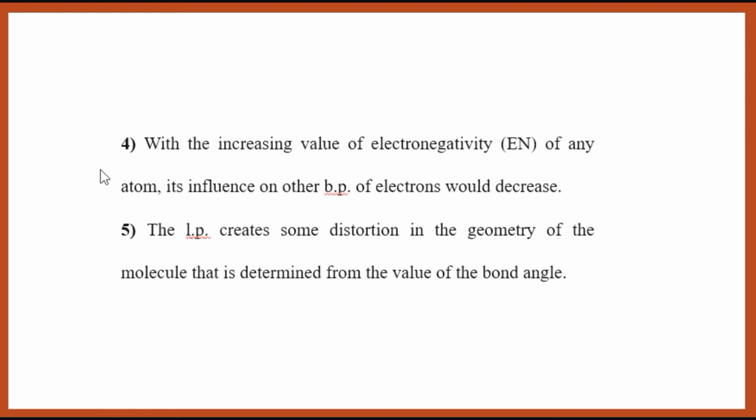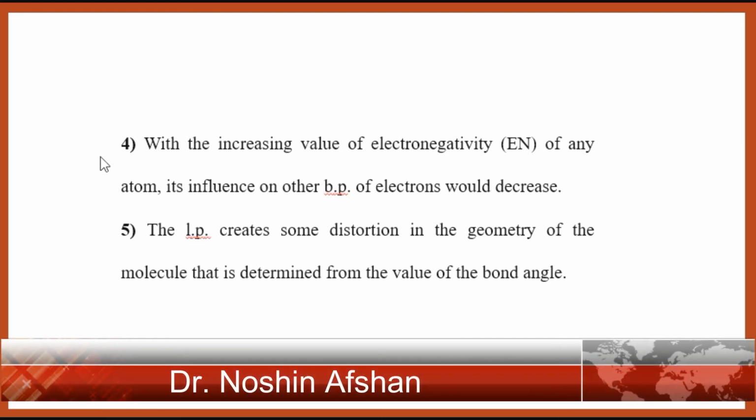The next postulate states that with the increasing value of the electronegativity of any atom, its influence on other bond pairs would decrease. So in other words, the value of the electronegativity is in inverse relationship with the influence on other bond pairs of electrons.